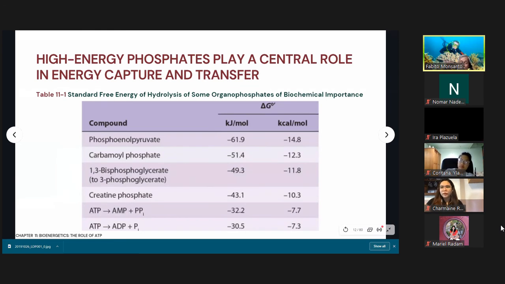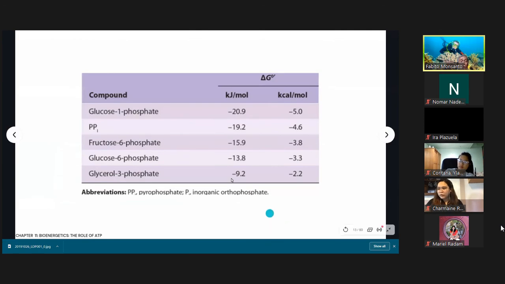Below your ATP are now considered low energy phosphates. Glucose 1-phosphate has only 5. Pyrophosphate removed from ATP is only 4.6. Fructose 6-phosphate is 3.8. Glucose 6-phosphate is 3.3. Glycerol 3-phosphate is 2.2.